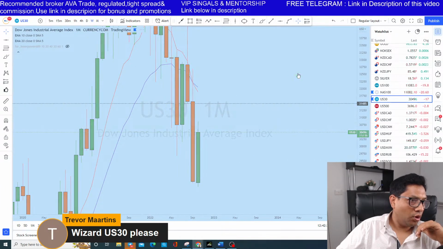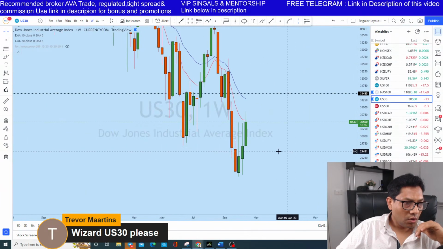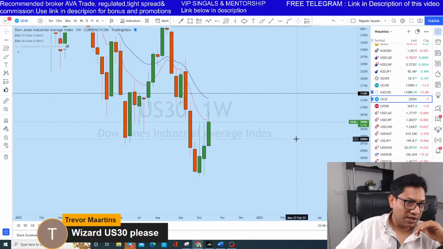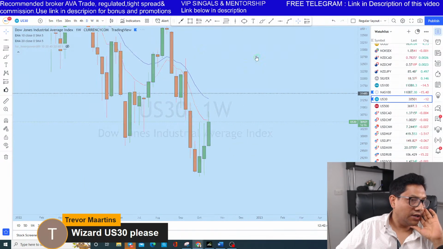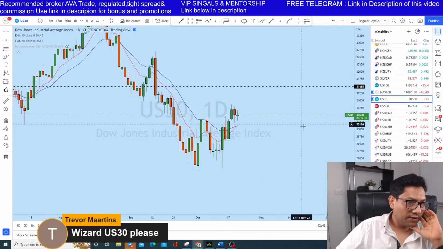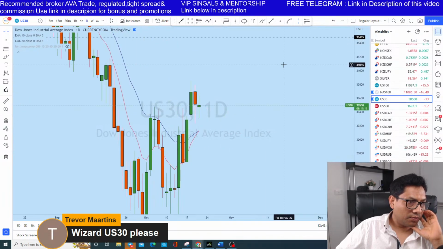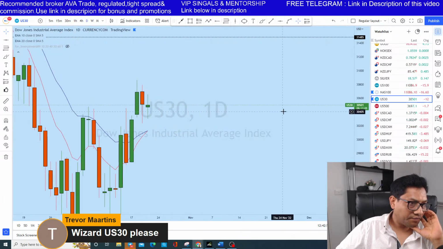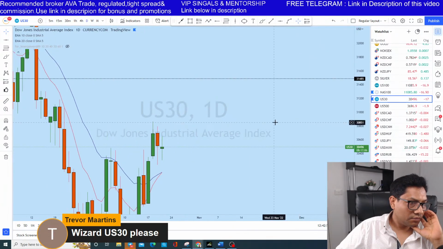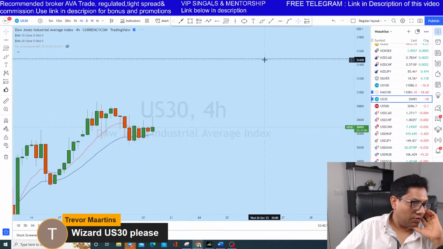Now looking at weekly, we have seen after the middleman there is a spike to the upside. So let's look at daily. There is a gap opening on the daily. Let me look at 4 hour.